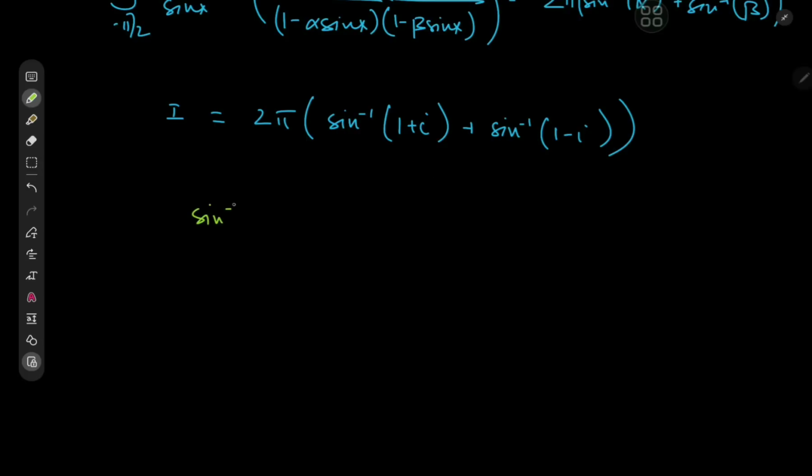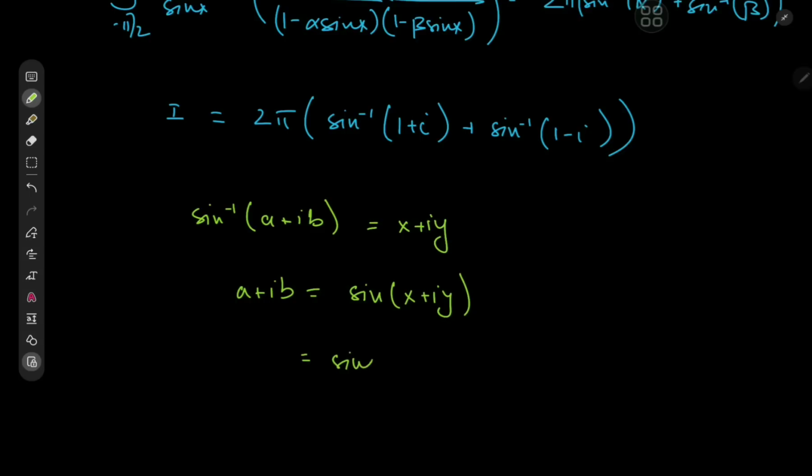So we have inverse sine of some complex number a plus I times b equal to another complex number x plus I times y. And that means a plus I times b is actually the sine of x plus iy, and we can expand this. We have sine x times cosine iy plus the cosine of x times the sine of iy.